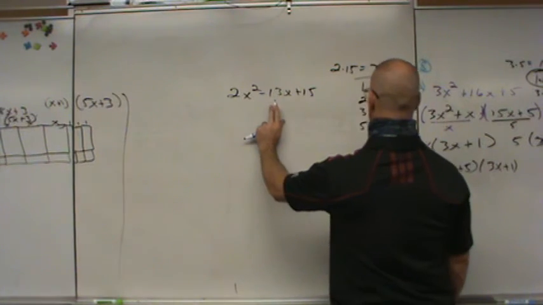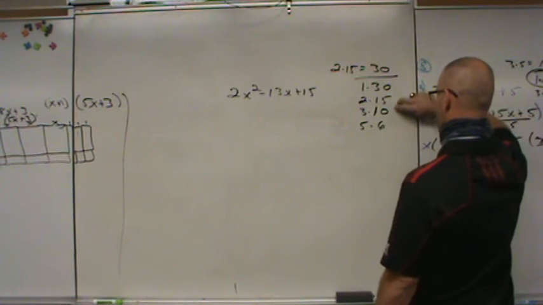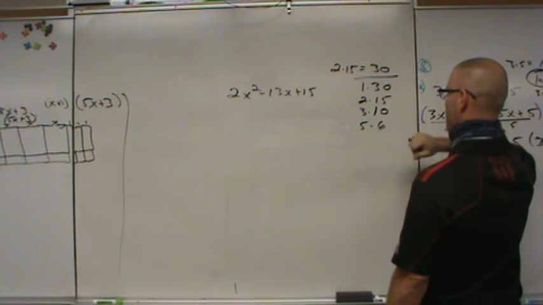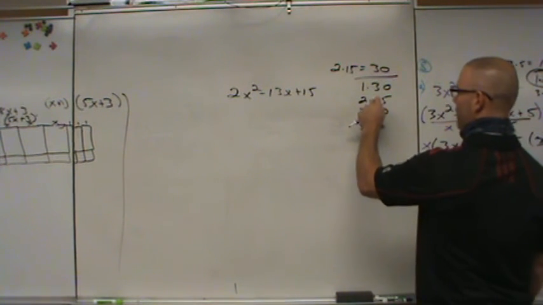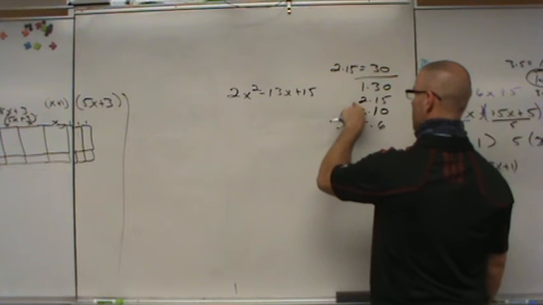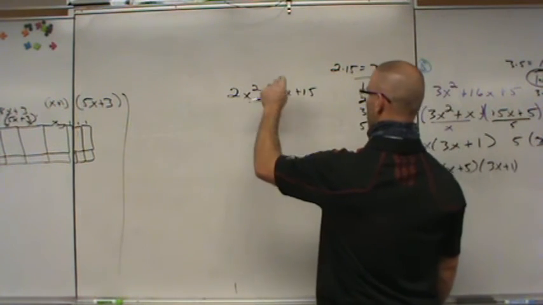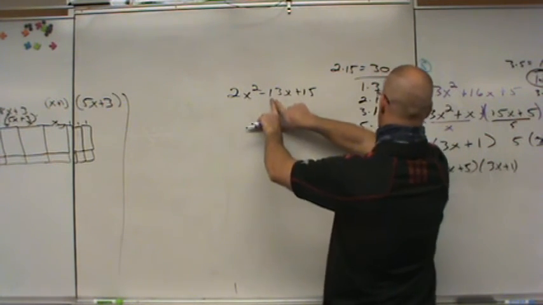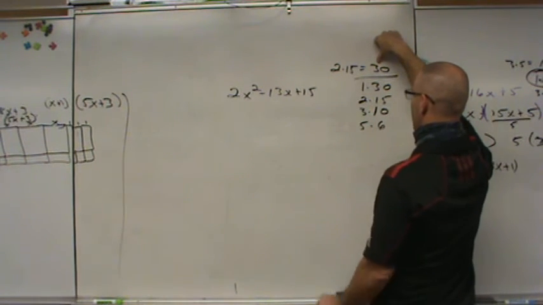Which factors will give me negative 13? Well, gee, 15 minus 2 is negative 13. But 3 and 10 also will give me negative 13. Gee, which factors do I use? Think about it. I need them to add to give me a negative 13, but I need them to multiply to give me a positive 30, right?